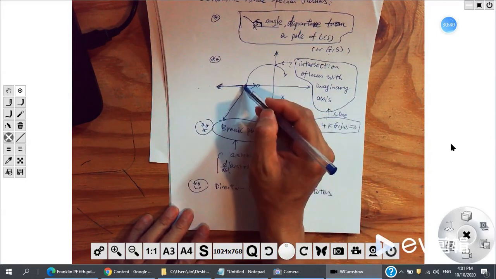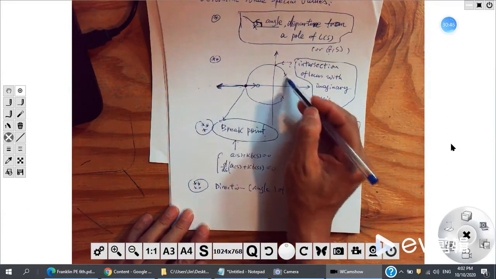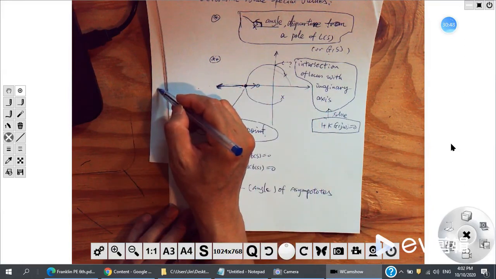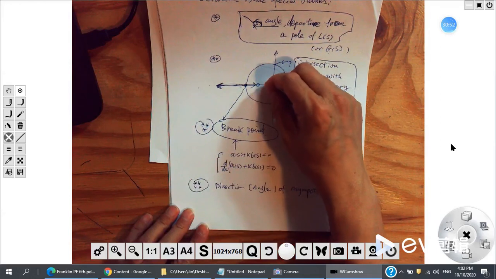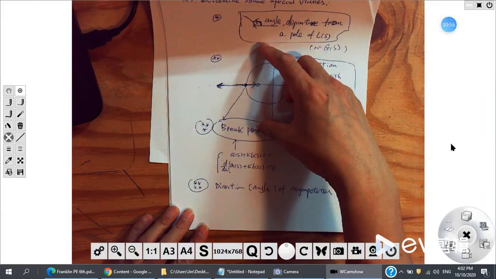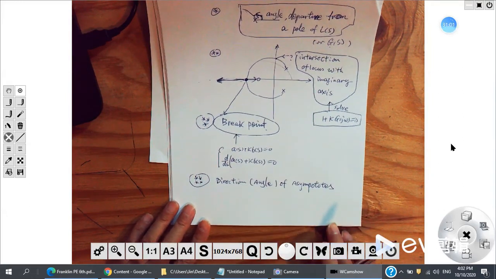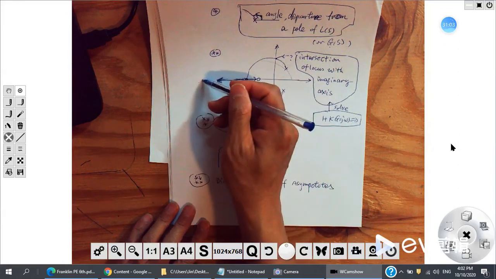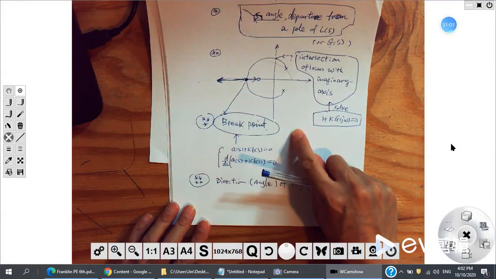If you only have one branch going to infinity, then the direction should be 180 degrees. Go this way. If you have two branches going to infinity, there will be 90 and negative 90, up and down. If you have three, then one is 180, one is 60, and another is negative 60.